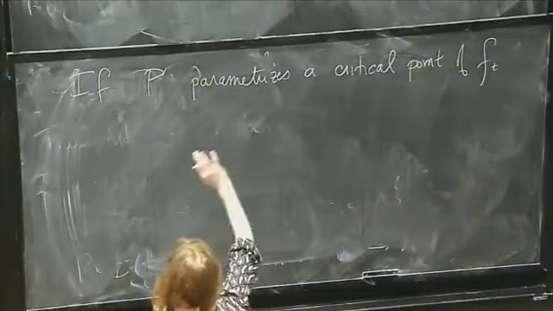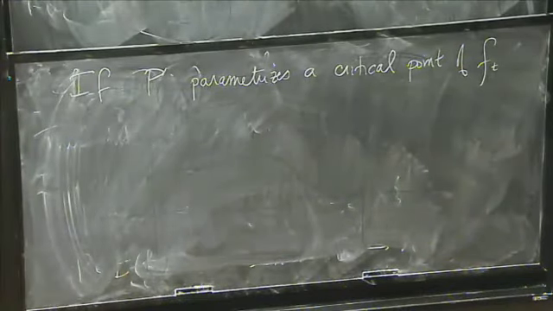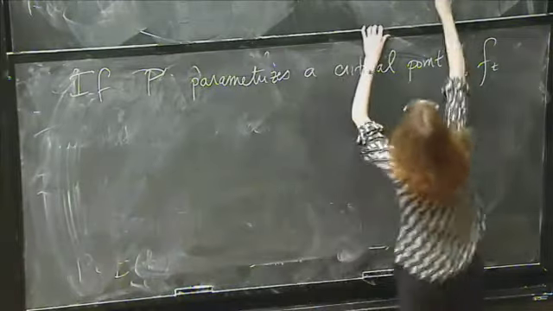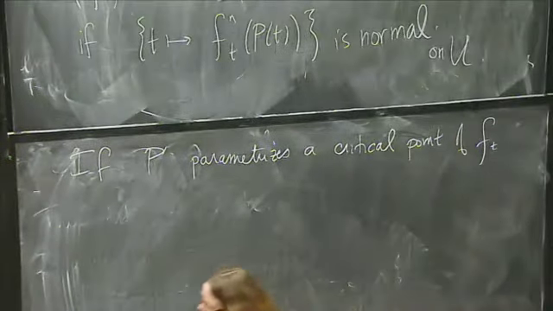So this is just a definition. I'm looking at this particular sequence of functions, and if it behaves well on U, that is, if it's forming a normal family on U, then the pair is stable.